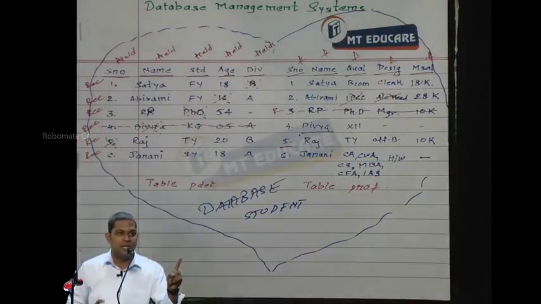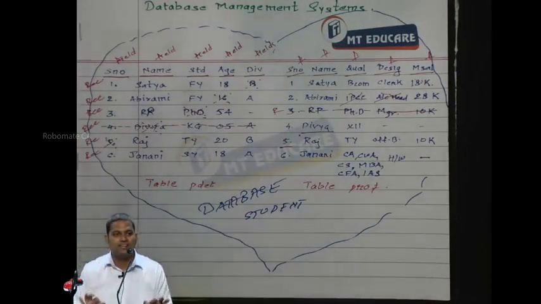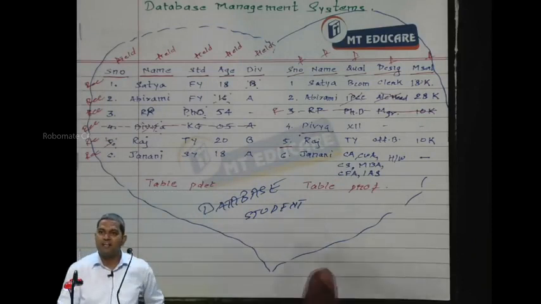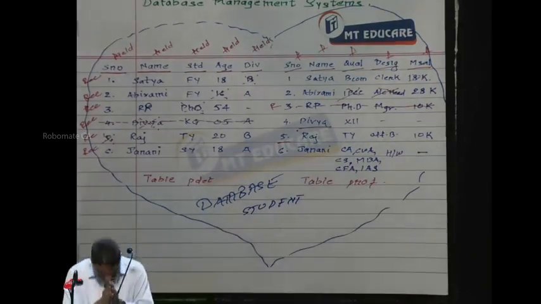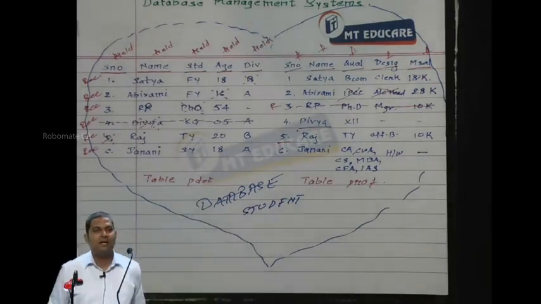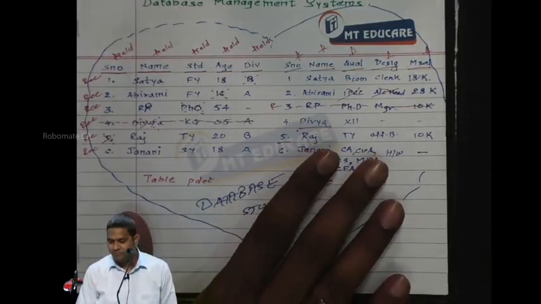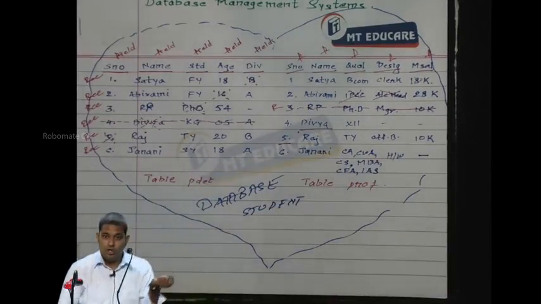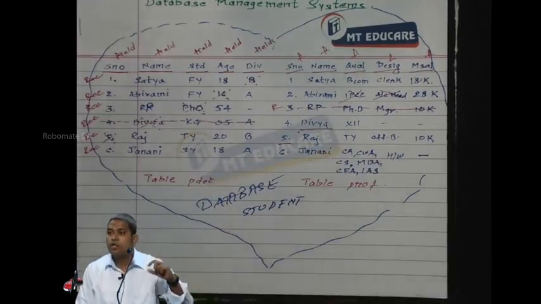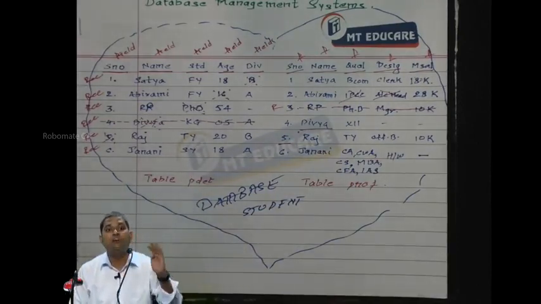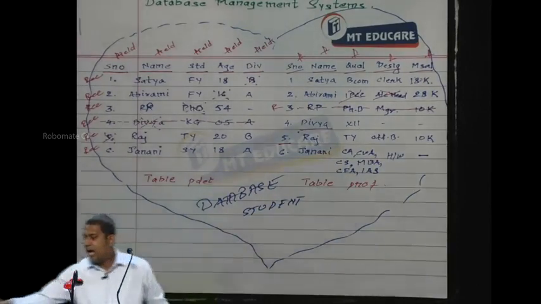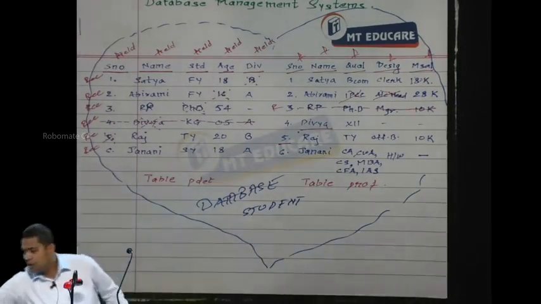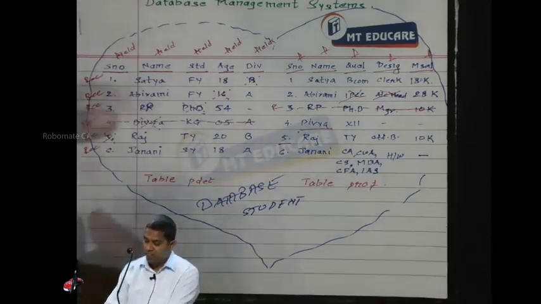I started with a story, but I ended up teaching you one concept. Is it very fine? Are you understanding this? Now, I also taught you a concept called hierarchy of data storage.